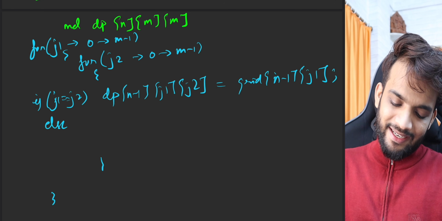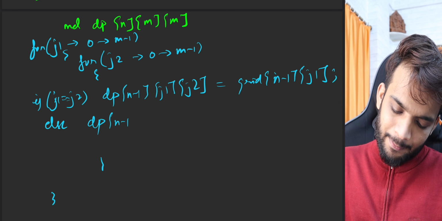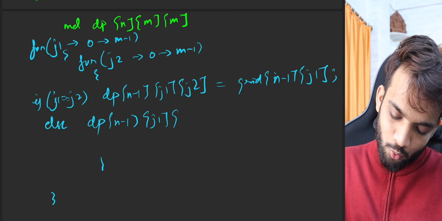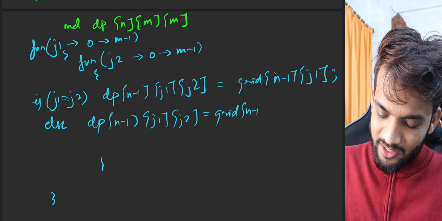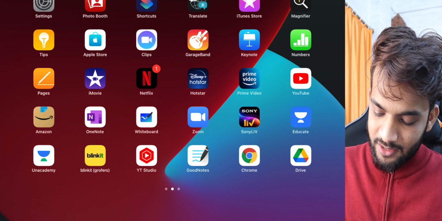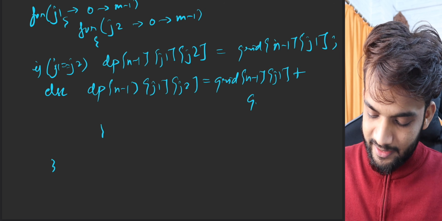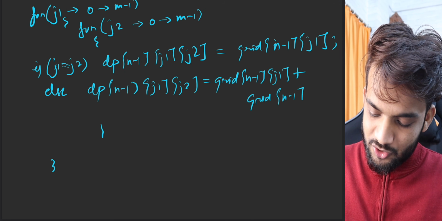But if they're not ending at the same position, then dp of n minus 1, j1, j2 will be grid of n minus 1, j1 plus grid of n minus 1, j2.